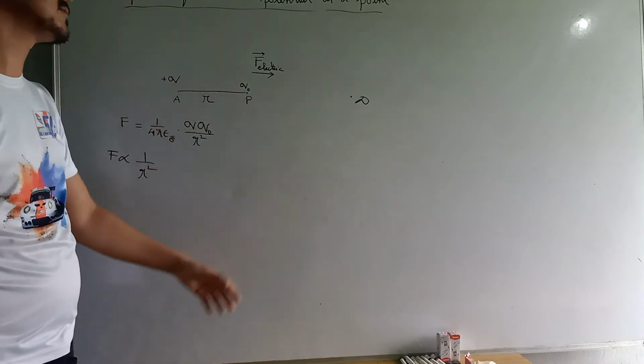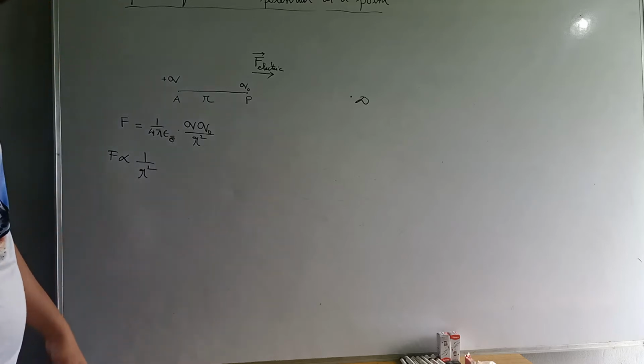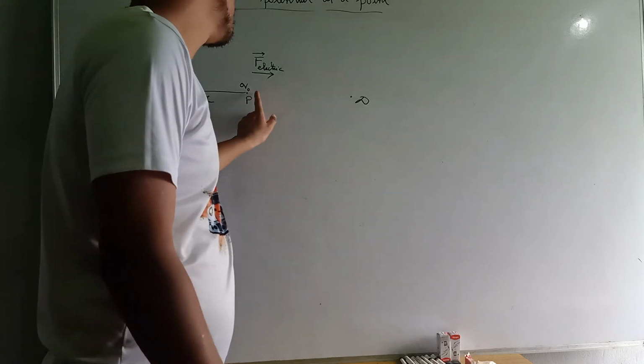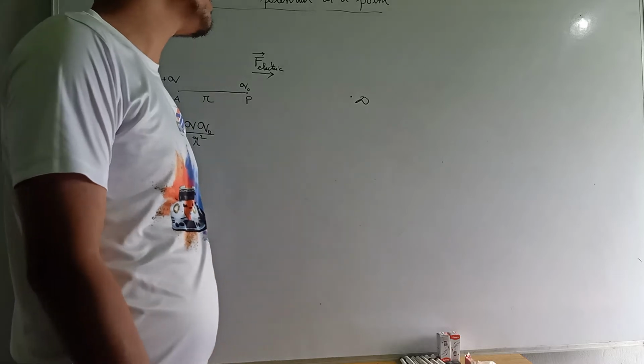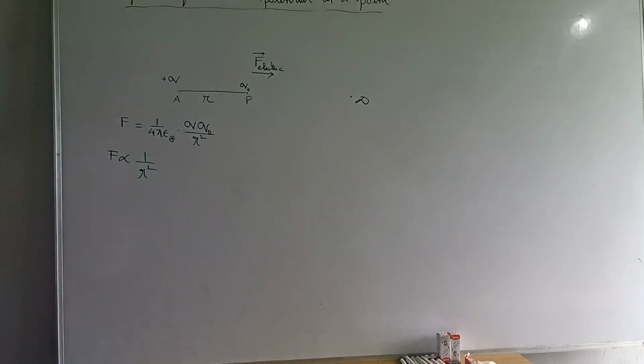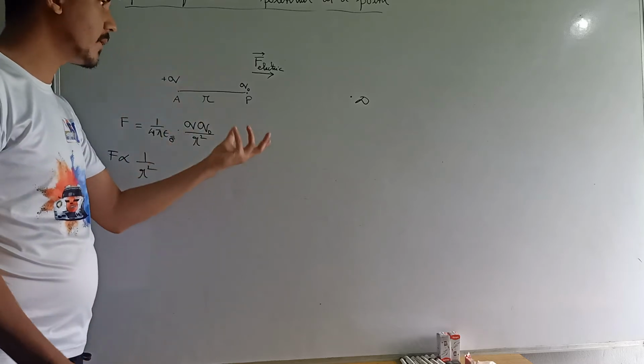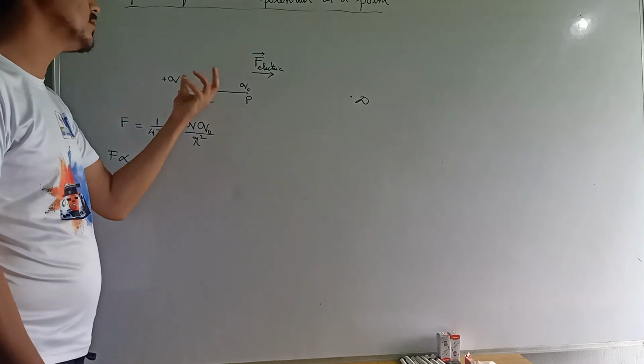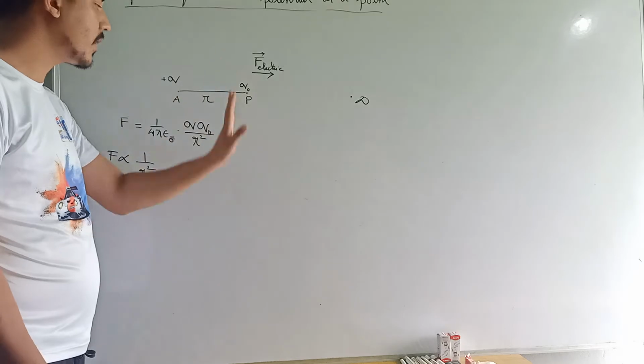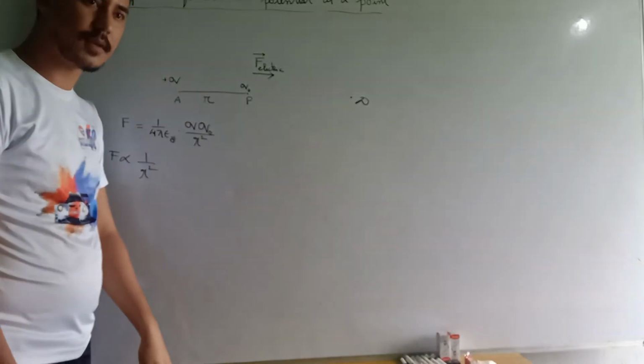So the electric force becomes variable. If the electric force becomes variable, the kinetic energy or speed of Q naught will change. But our objective is to always keep the speed, or the kinetic energy, of Q naught constant, right?